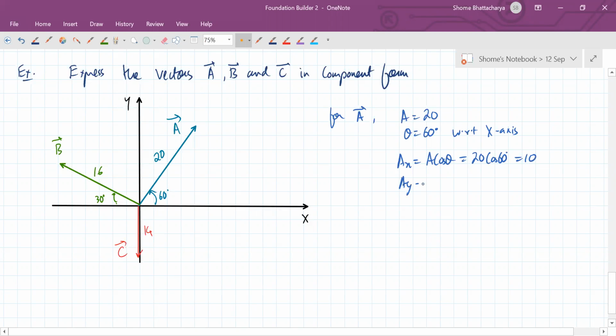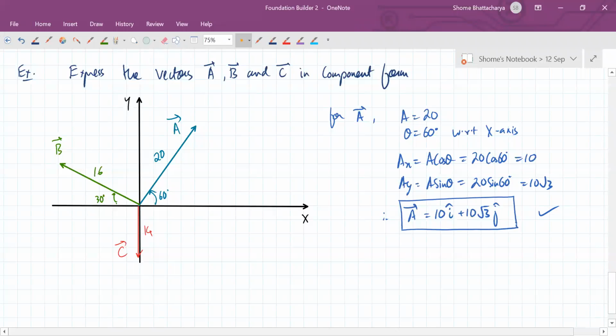And AY is A sine theta, so it will be 20 sine 60, so that is 10 root 3. So therefore the vector A, when we write in component form, will be written as 10 i cap plus 10 root 3 j cap.